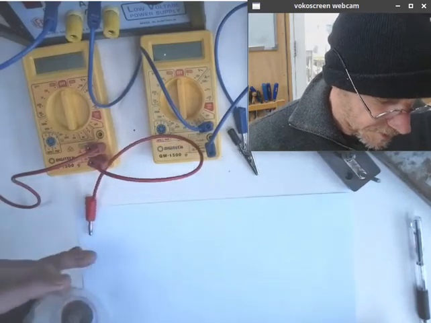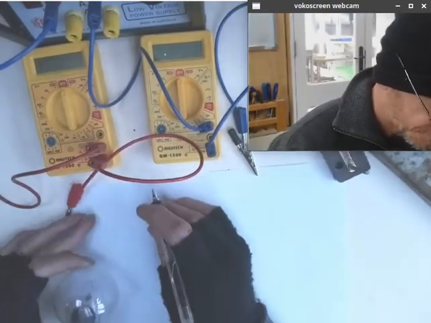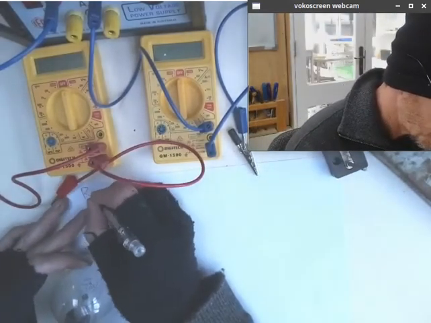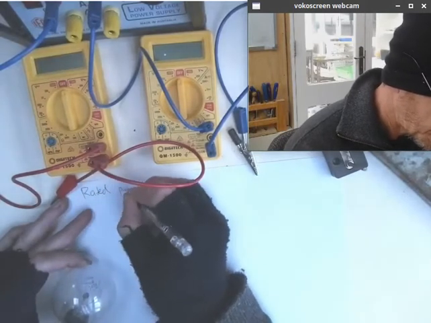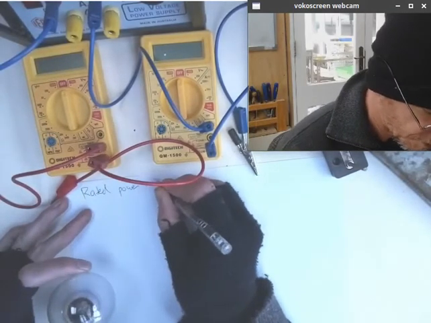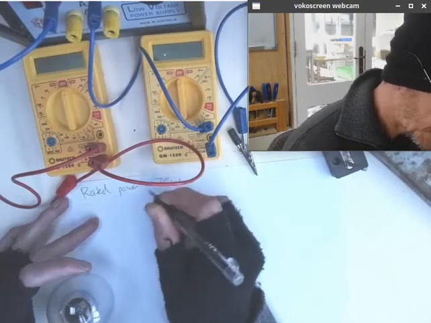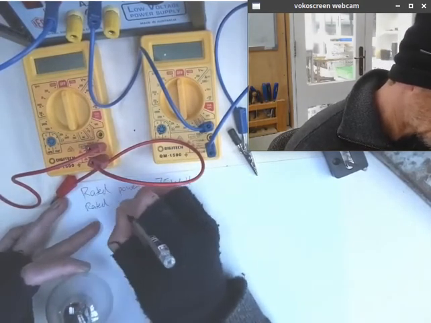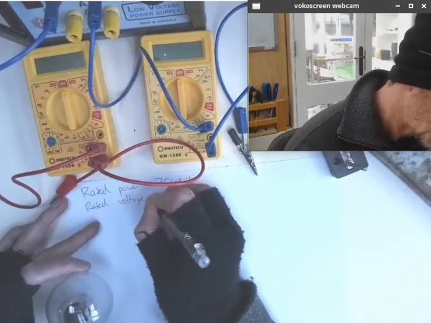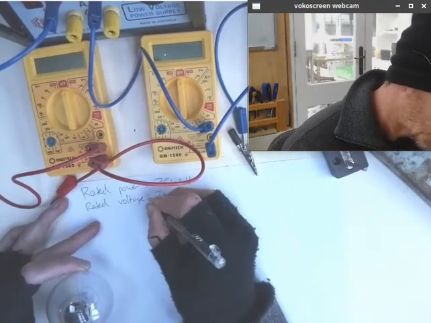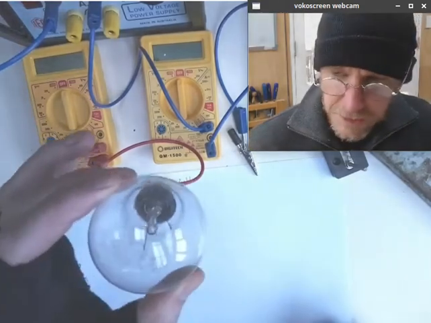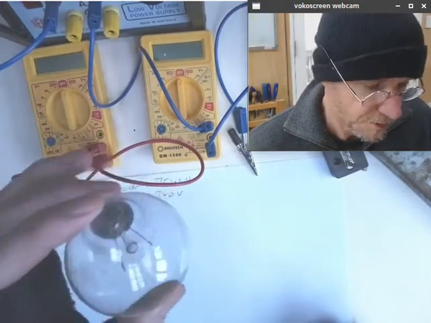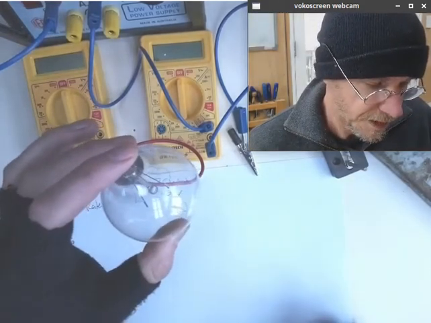So that means that this has a rated power of 75 watts, and the rated voltage is 240 volts, which means that this bulb is intended to be fitted to a 240 volt power supply.